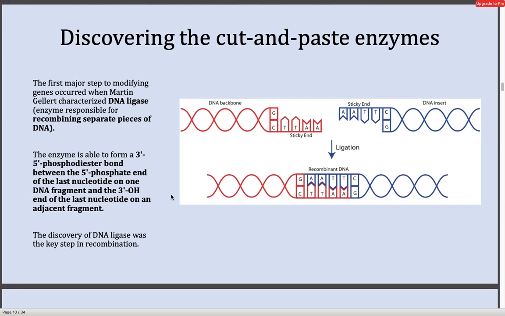Right, so this goes into the whole cut and paste concept a little bit deeper. In this case, if you cut a piece from vector 1 and want to put it in vector 2, you have to be able to glue it together. That glue is known as ligase. There are a lot of other important things, but something really crucial is that it needs to be compatible.